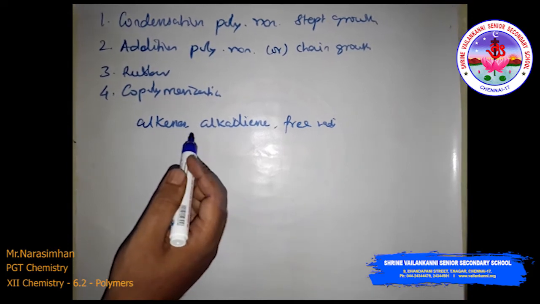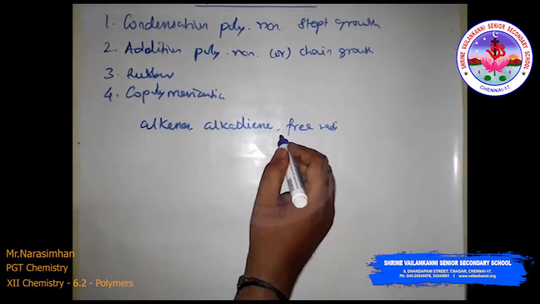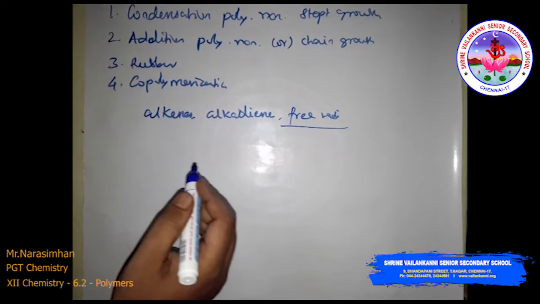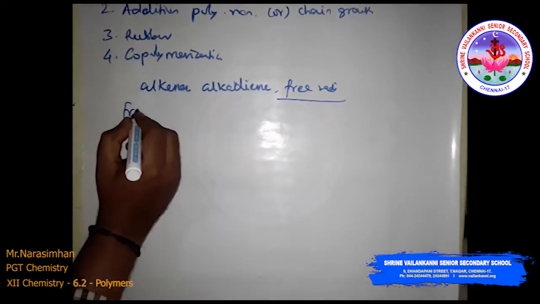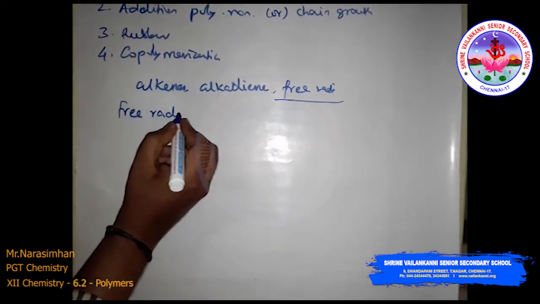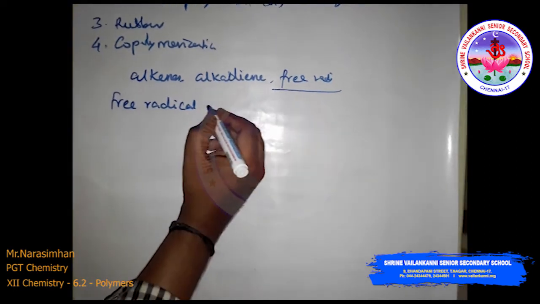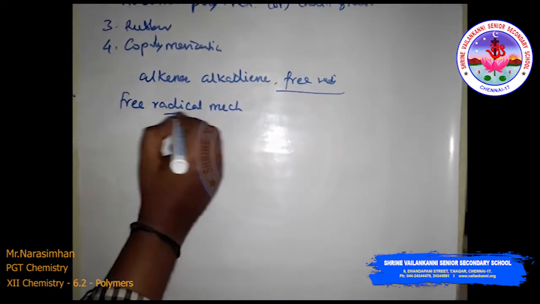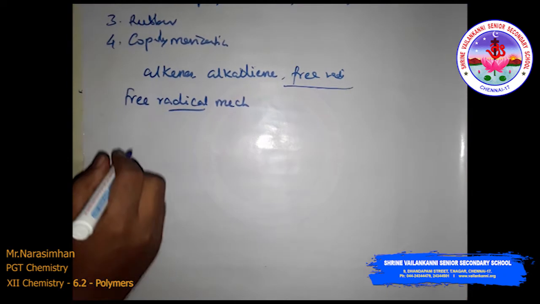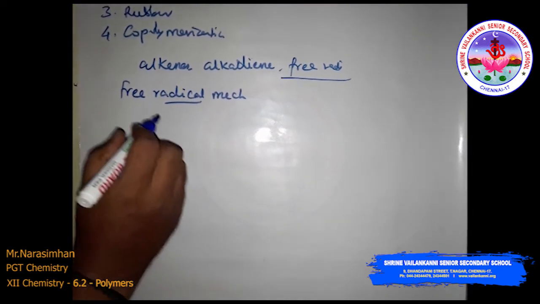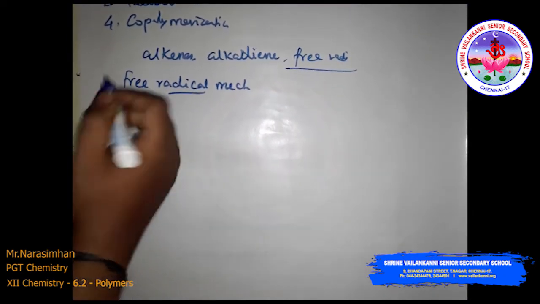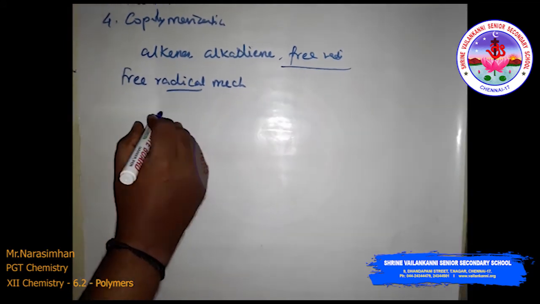Here the most common reaction is the free radical mechanism. What is that free radical mechanism? You already studied free radicals in 11th standard, where they occur by homolytic cleavage. Usually a free radical is obtained by homolytic cleavage.